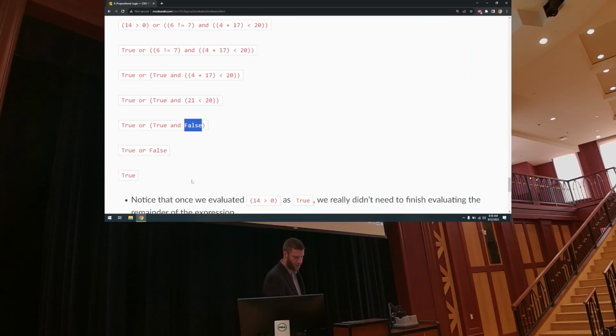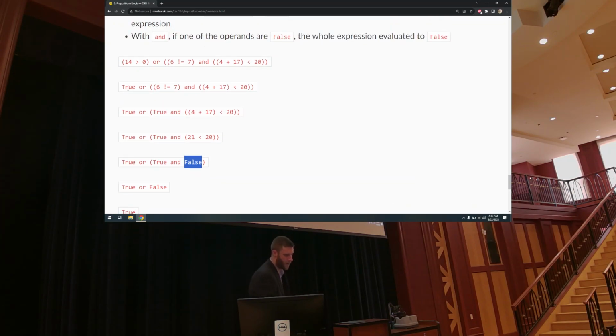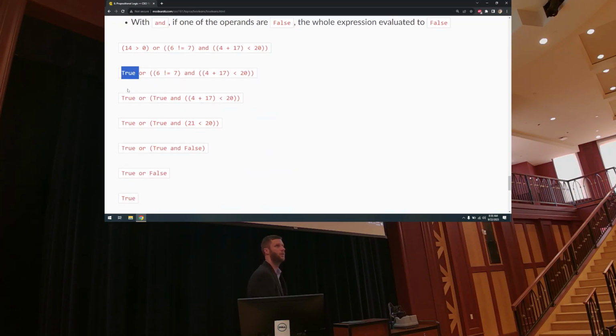Well, that's false. Then we have true or false. Well, that's true. But again, I could have known all of this would have evaluated to true just by looking at that first true. True or anything is true. Yeah? So this one doesn't have that issue, but like if you didn't add the parentheses around the true and the false statement at the end. Why don't you try it and see what it does and let me know.